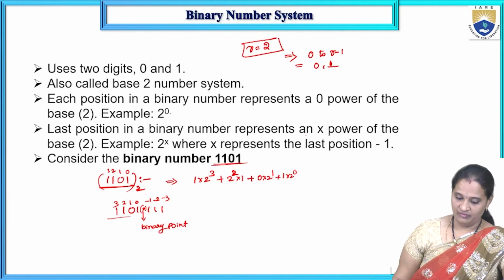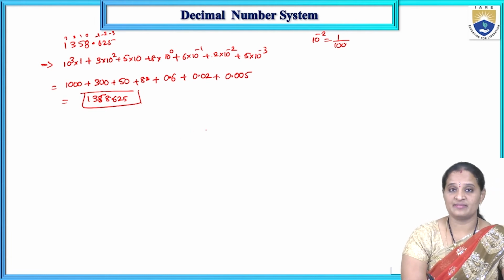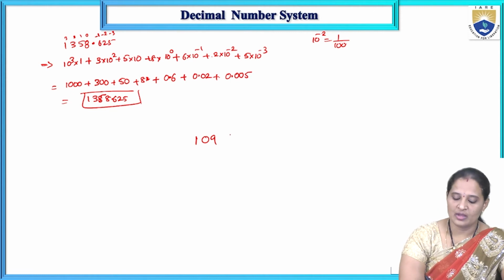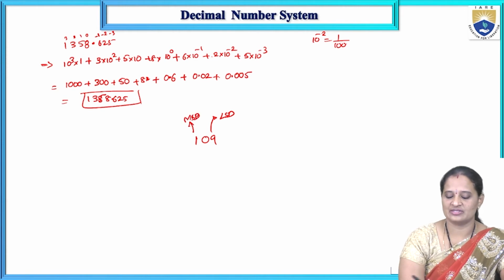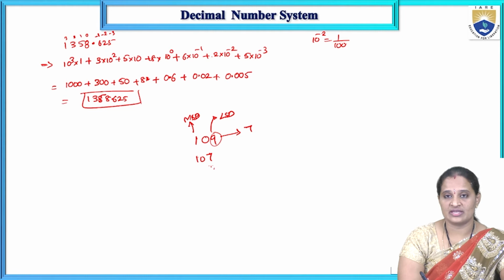For example, we have a decimal number, 109. Here, this is the LSD and this is the MSD. Why can I call them MSD and LSD? Because if I change this value from 9 to 7, the new value is 107. Previously it was 109 and now it is 107.